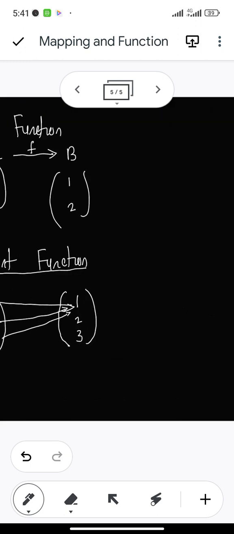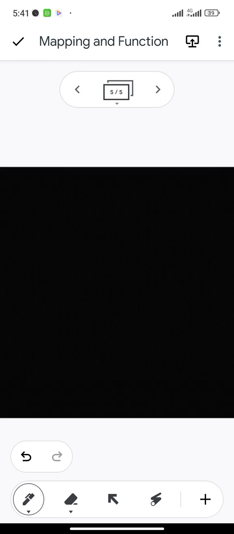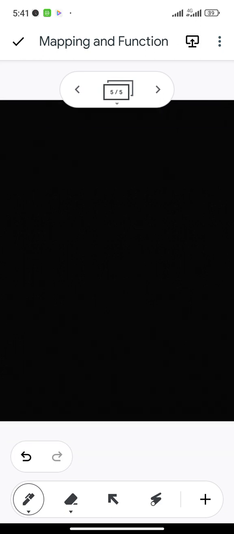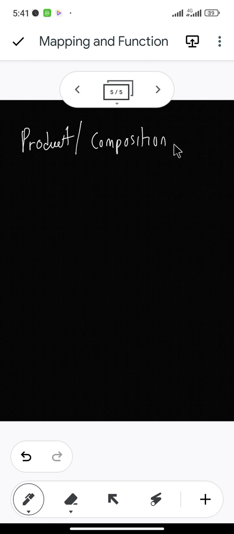Understand? Now we go over to products or composite functions. Products or composition function. Now let me give you an instance here.